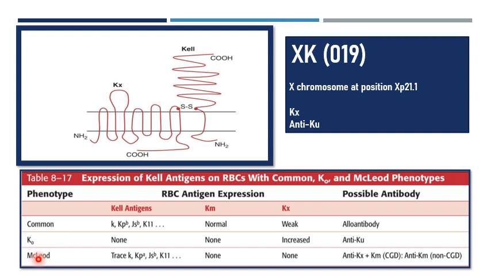The KO phenotype lacks the expression of all KEL antigens, so none here. This phenotype is rare, only 1 in 25,000 in whites.